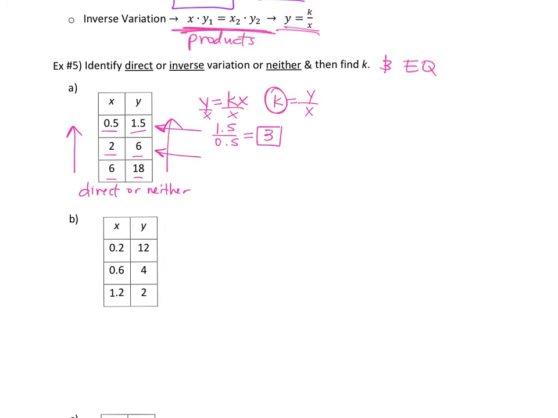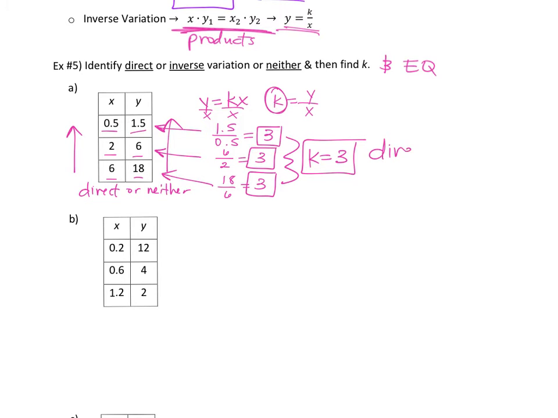Now do it here. My y value divided by my x value, also 3. Now do it here. My y value divided by my x value, also 3. When this is the same every time, that means k is 3. And if k is constant, if it stays the same number, this is a direct variation.